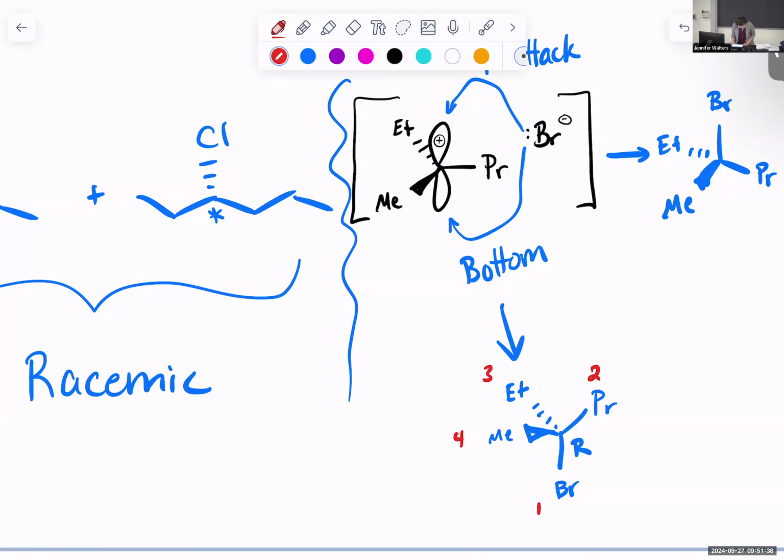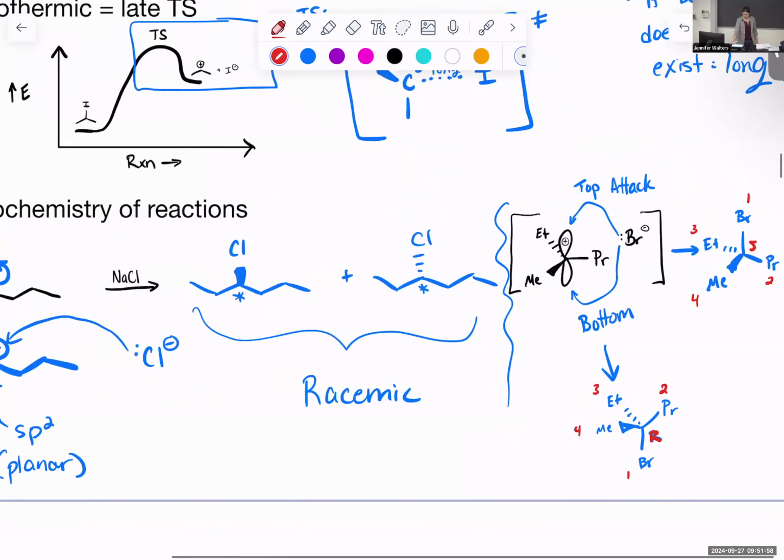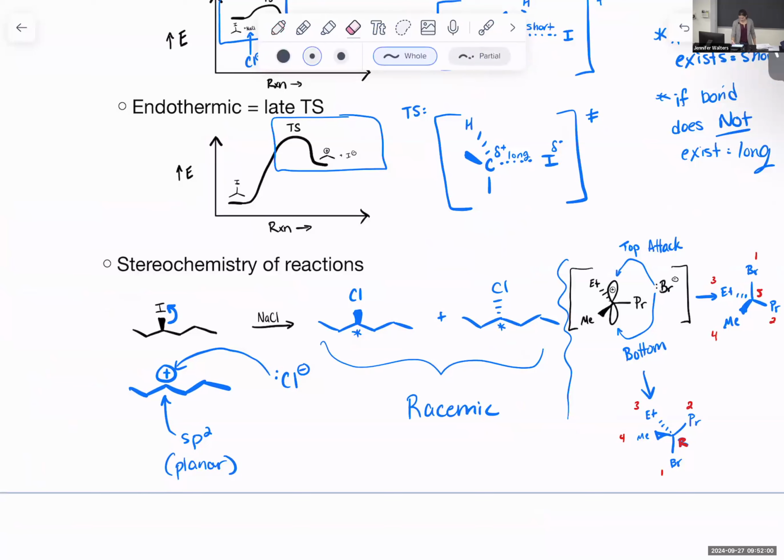This one might be easier to see. What is this one? S. It better be the opposite one, because one attacked from the top, the other attacked from the bottom. That's what's leading to our mixture of enantiomers, giving us the facial selectivity, the opposite attack.